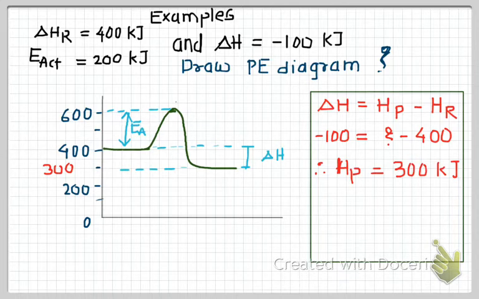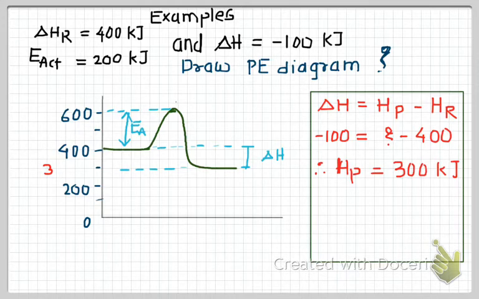So on x-axis we plot the energy, and on y-axis we plot the. Now here we consider the example for exothermic reaction. We have enthalpy for reactant is 400 kilojoule, energy of activation is 200 kilojoule, and change in enthalpy, that is heat of reaction, is minus 100 kilojoule.